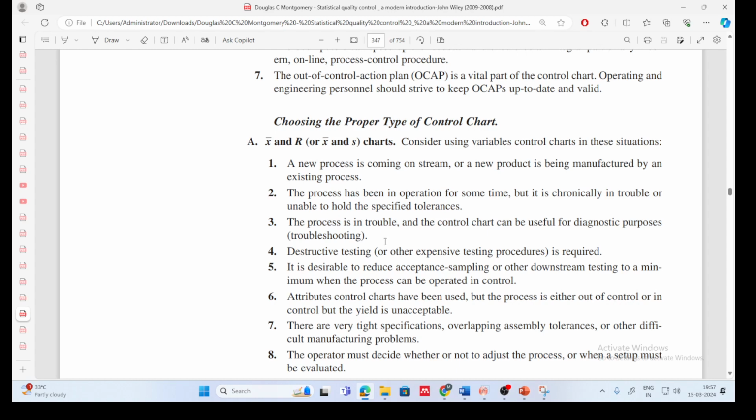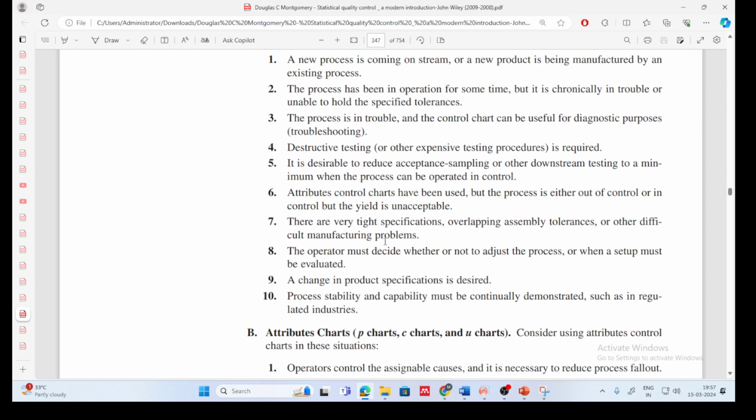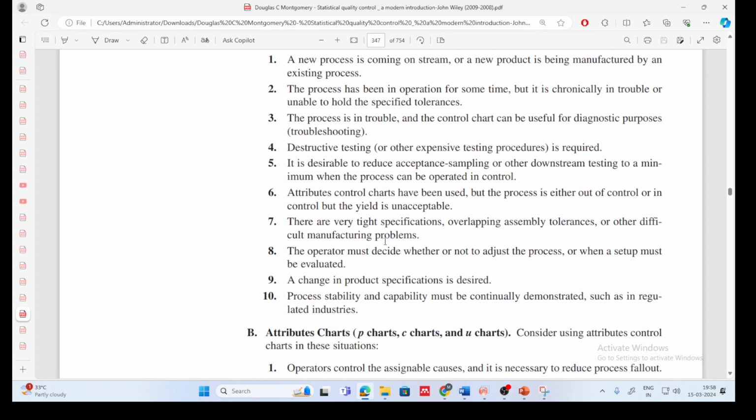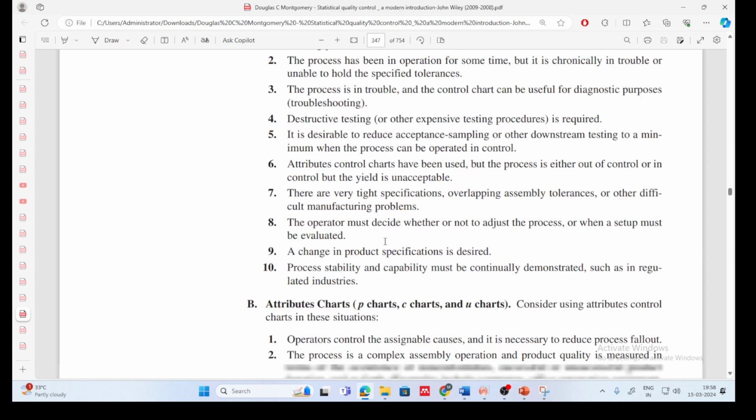The same applies to destructive testing, where it is desirable to reduce acceptance sampling, or where there is a very tight specification or overlapping assembly tolerance. So whenever such questions appear, based on these parameters, you can apply the X bar or R chart.